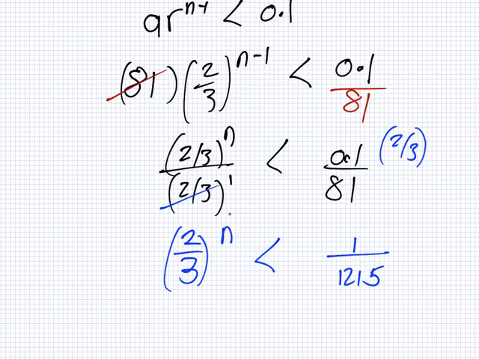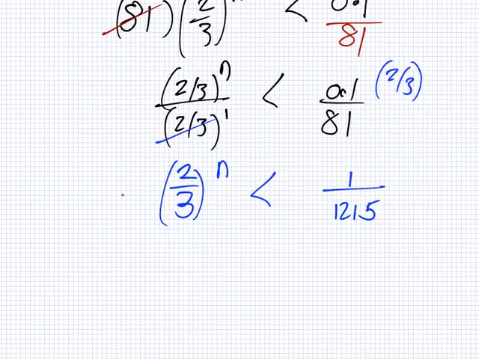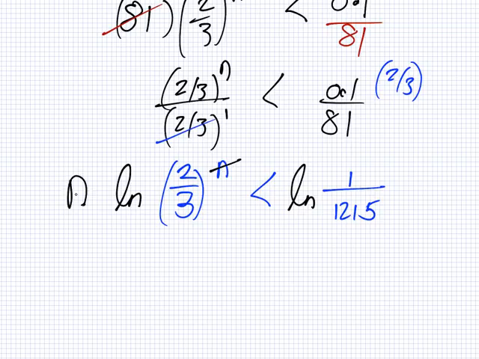Okay, now some people had an idea for what to do next. What do I need to do next? I need logs. So I'll put a log here and a log here. And what happens with the n? What can I do? I can bring it down. Okay, so what is log 2 over 3?